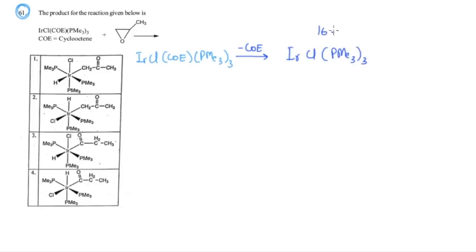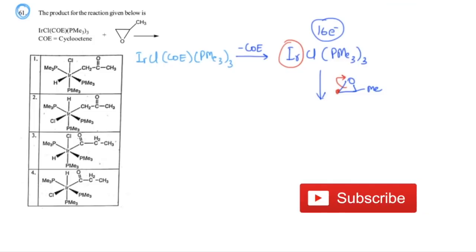Now you know that this is a 16 electron species. It can easily undergo oxidative addition and it will react with this group which is given to you, with the methyl group attached to it. How will this addition actually take place? Your metal center will bind with this particular carbon, and this bond will shift over here like that. So what will be the next species that will be formed?